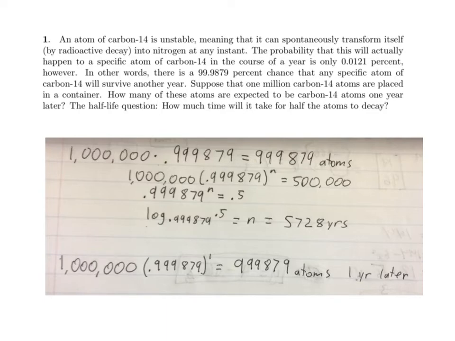In other words, there is a 99.9879% chance that any specific atom of carbon-14 will survive another year. Suppose that 1 million carbon-14 atoms are placed in a container. How many of these atoms are expected to be carbon-14 atoms 1 year later? The half-life question: how much time will it take for half the atoms to decay?